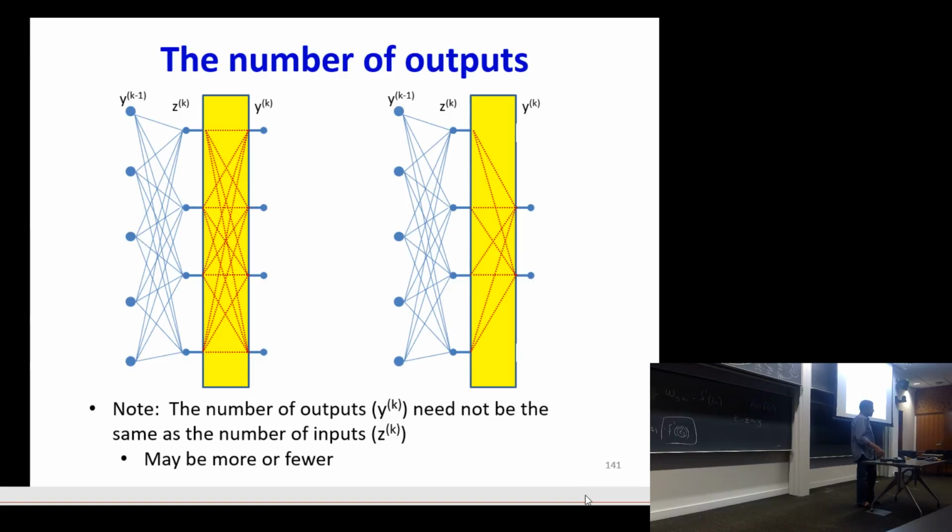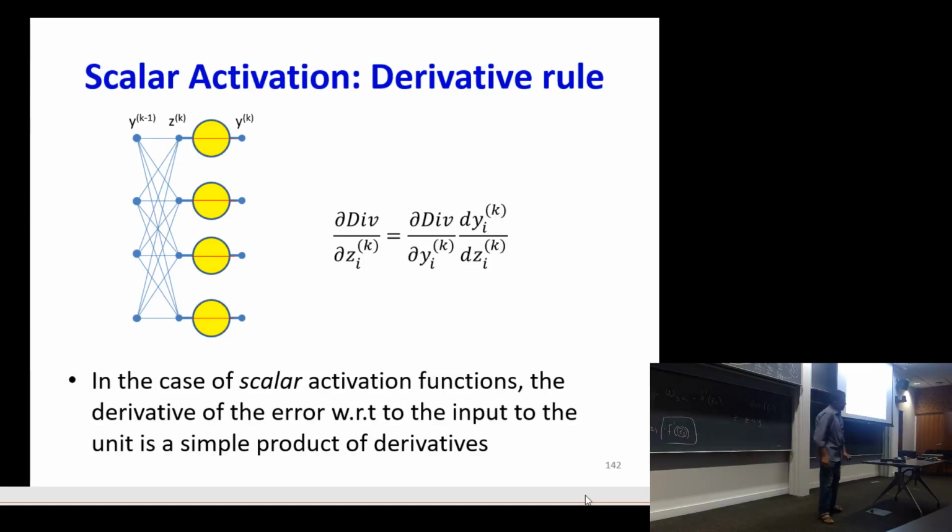It could increase or decrease the dimension. So given this, here is the derivative rule for scalars. It's very trivial. The derivative of the error with respect to any z is simply the derivative of the divergence with respect to y times the derivative of y with respect to z, which is the affine, right? This was very easy.